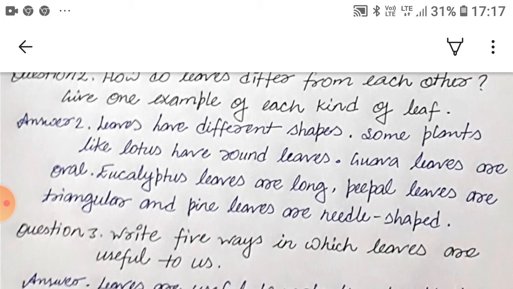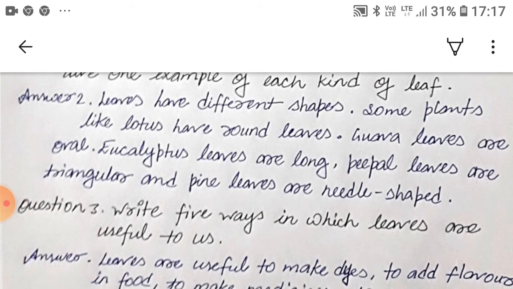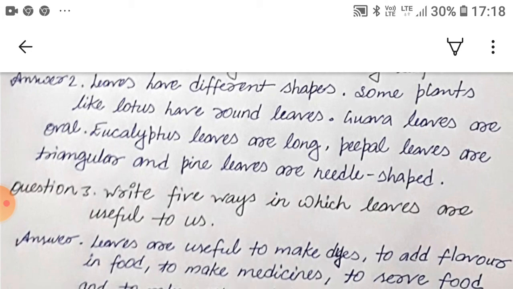So its answer, leaves are different shapes. Some plants like lotus have round leaves. Guava leaves are oval. Eucalyptus leaves are long. Peepal leaves are triangular, and pine leaves are needle shaped.